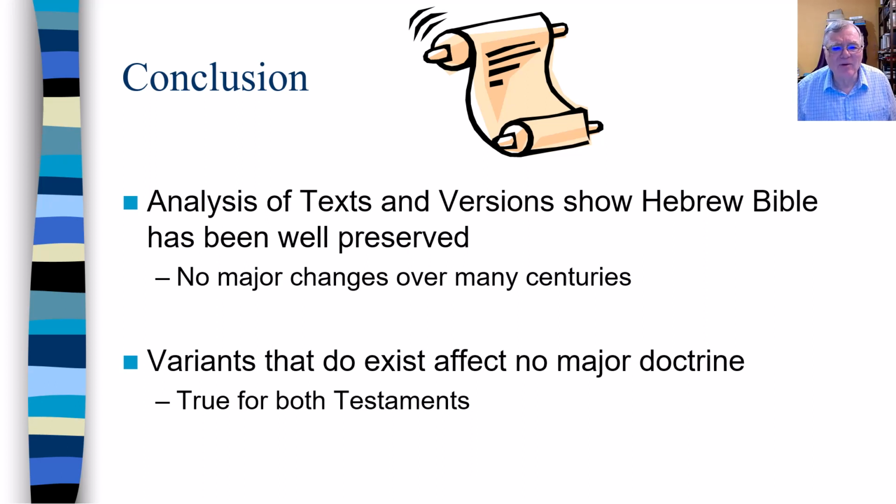And no major changes have taken place over the many centuries. And like the New Testament, we can say of the Old as well that the variants represent no major doctrine being changed. And we can thank the Lord that He has reliably preserved His Word.